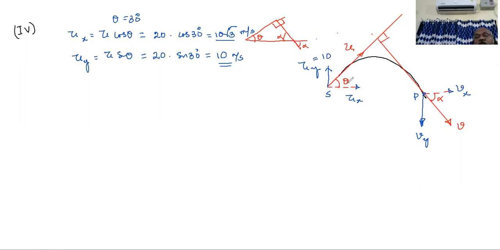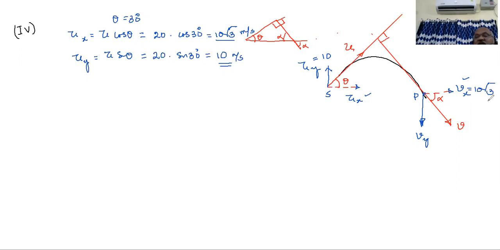If you now connect u and v, we know so far as horizontal motion is concerned, initial velocity and final velocity are connected in such a way that the horizontal component of velocity never goes through a change. So once I got ux equal to 10 root 3, then blindly I can write Vx also equal to 10 root 3, because Vx is the horizontal component of the velocity.